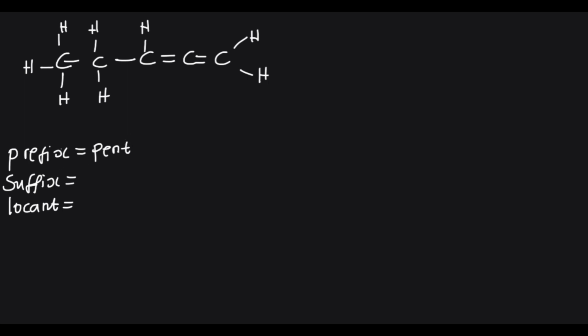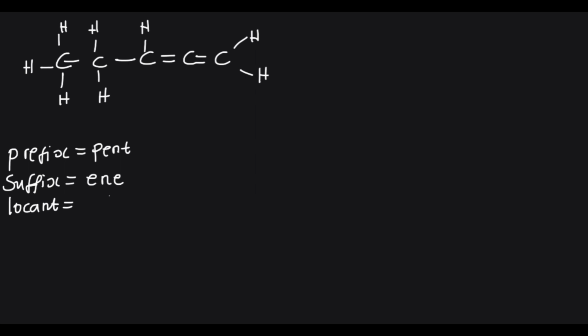Then from there, the suffix, let's look at the type of the bond. We can see that we have a double bond. So at least there is one double bond. Whether there are 3, 4, as long as there is a double bond, then the suffix should be E-N-E.